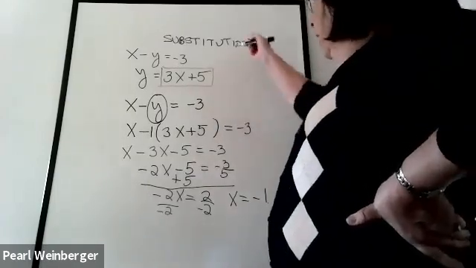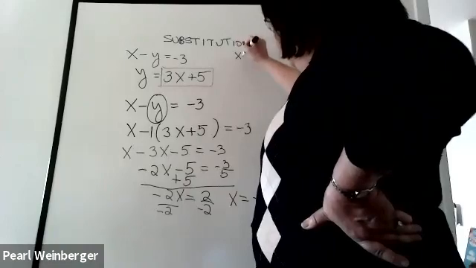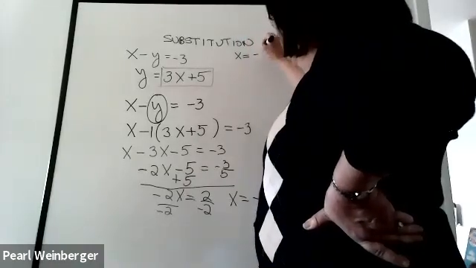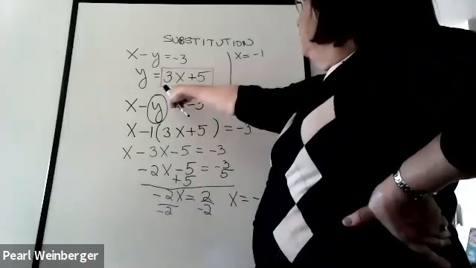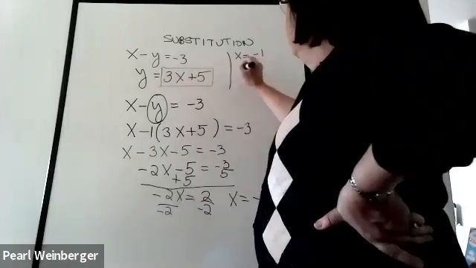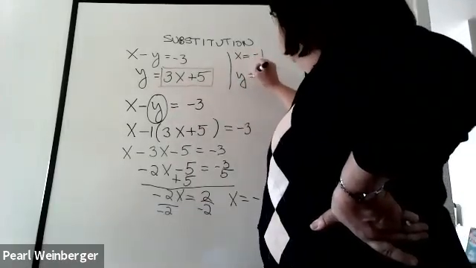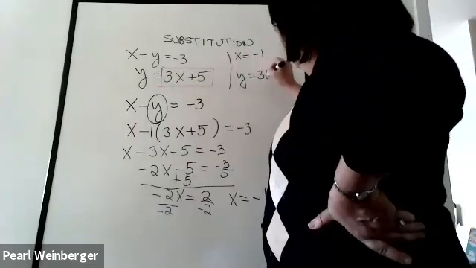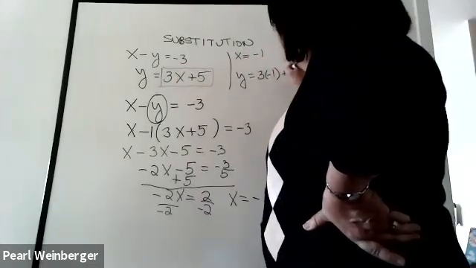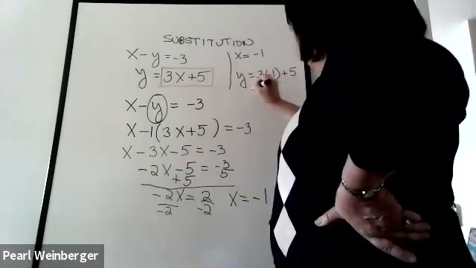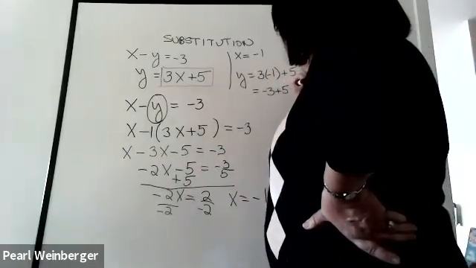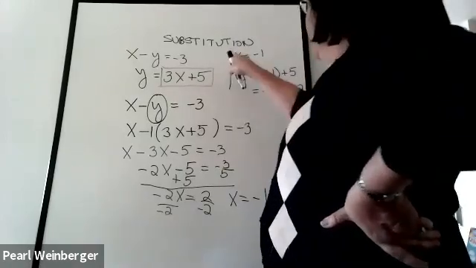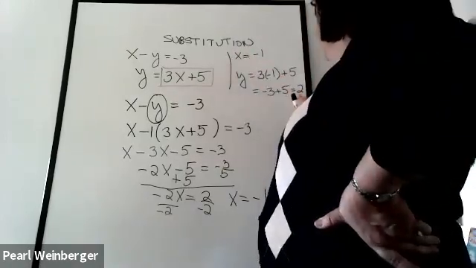And now I'll go back, since I know that the x worked out to be equal to -1, I can now figure out what the y is by replacing the x by -1. So I'll get y equals 3 times -1 plus 5, which is -3 plus 5, or 2. So my x is -1, my y is 2.